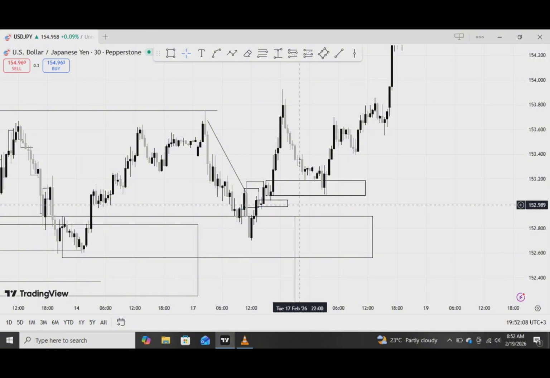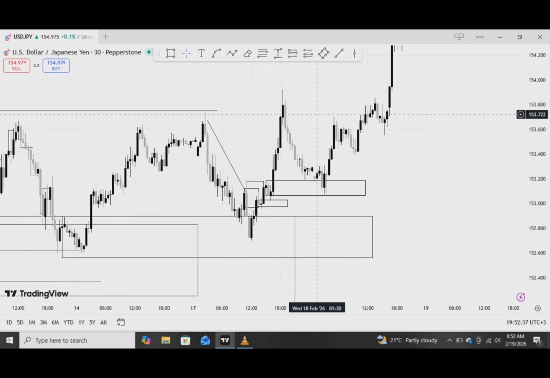So the market tries to make this order block an active zone and then go down and continue to the downside. But the buyers get higher and stronger than the sellers, so the market continues to the upside, making this order block a breaker block and a passive zone. So it's not active.